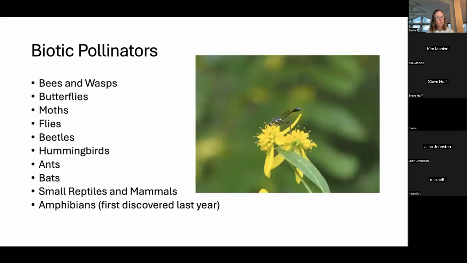You can have bees and wasps, butterflies, moths, flies, beetles, hummingbirds, because we don't have to always be an insect, ants, bats, small reptiles and mammals. And last year, the first amphibian was found pollinating. Totally crazy. Not here in the United States, but it's still worth mentioning.